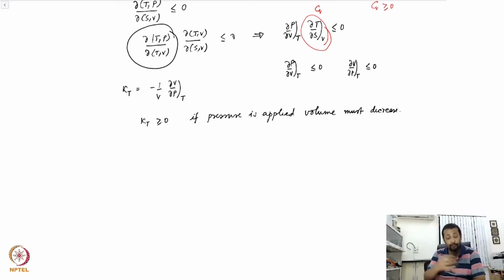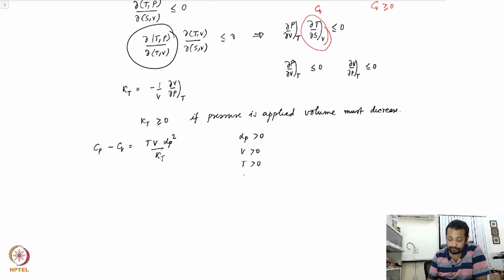So the whole point of this discussion that we have been having for so long is that the stability criteria essentially puts a severe restriction on the response function. The specific heat Cp minus Cv is T V alpha p squared over kappa T. Alpha p is positive, volume is positive, temperature is positive, kappa T is positive, and further Cv is also positive.